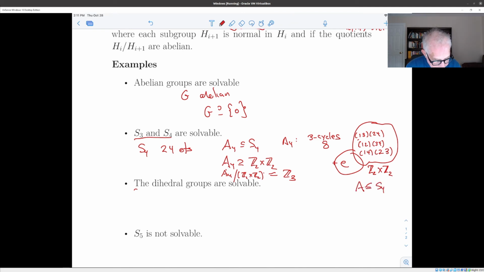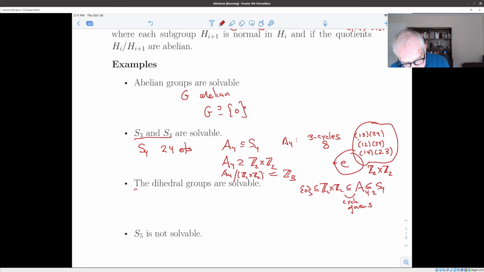So A4 is in S4, the quotient is of order 2. And then inside that, you have this group that's isomorphic to Z2 cross Z2, which is the products of transpositions. And then you have the trivial group. And the quotient here is cyclic of order 3. So all of the quotients are abelian. And so therefore, even though this group is not abelian, it is solvable.